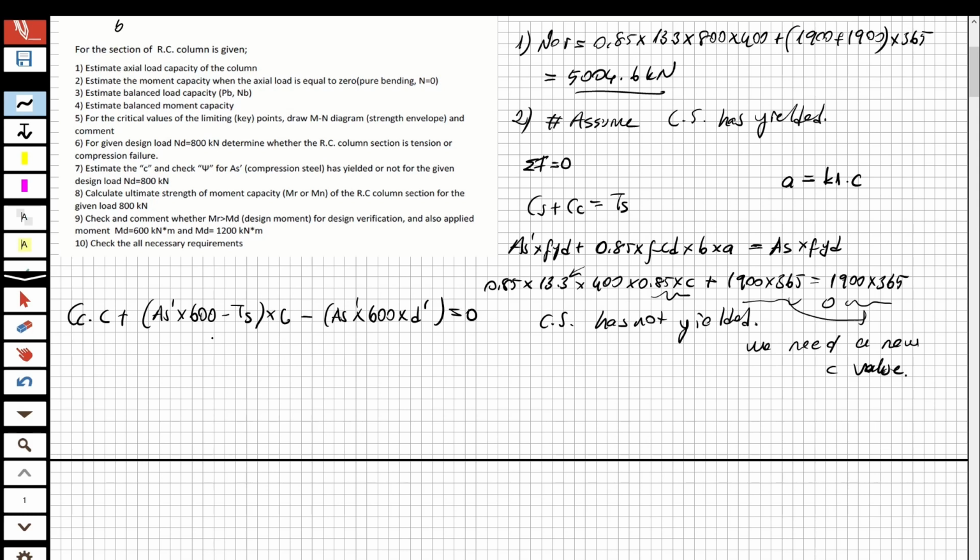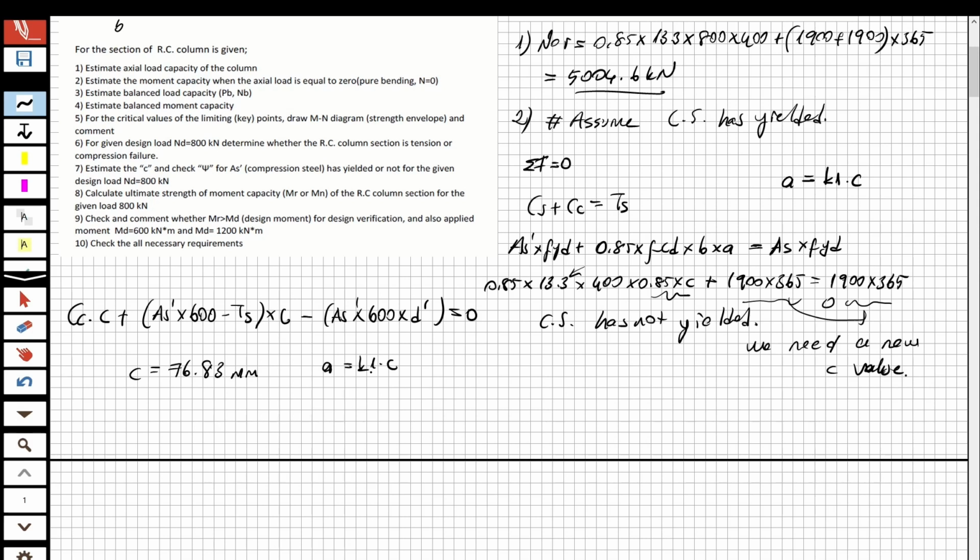If you write all the data into this equation, you are going to obtain the value of C equal to 76.83 millimeter. And if you remember, A was equal to K1 multiplied C.